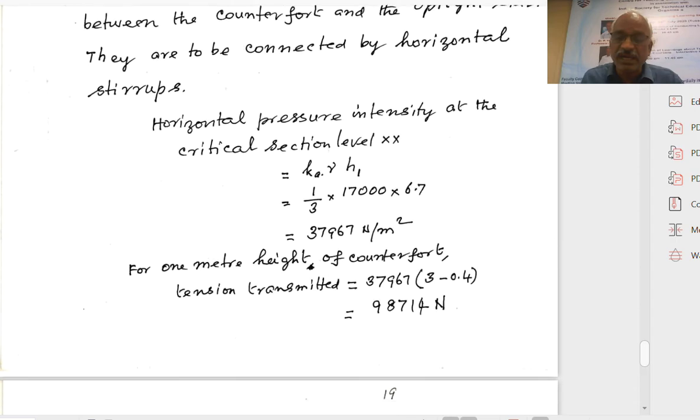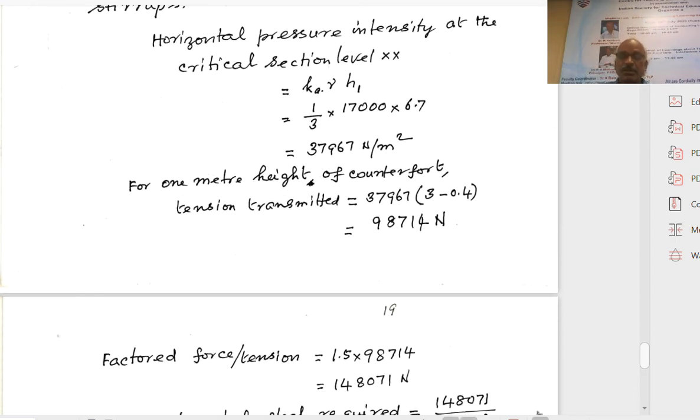Horizontal pressure intensity at the critical section is Ka into gamma into H. Ka is 1 by 3, gamma is 17,000 into 6.7. So many Newton per square meter. For 1 meter height of the counterfort, the tension transferred is, we consider the pressure at the bottom, at the critical section, 37,967 Newton per square meter into 1 meter depth, into length 3 meters minus the width of the counterfort, 3 minus 0.4.